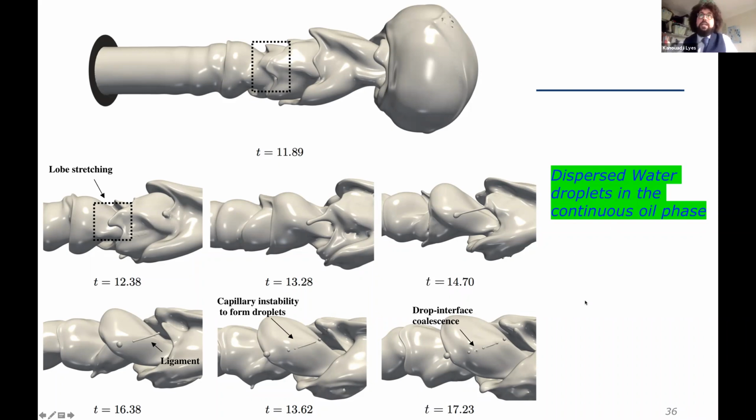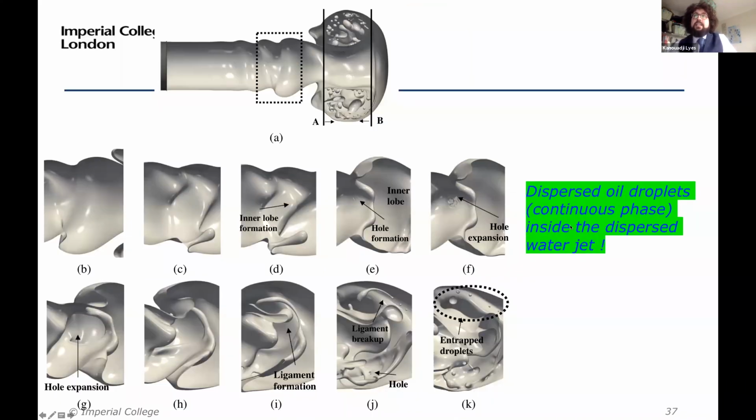But inside this jet, you have dispersed oil droplets, with the continuous phase inside the dispersed water jet. So you have two types of droplet: oil droplets inside the water jet, and water droplets outside in the oil environment.